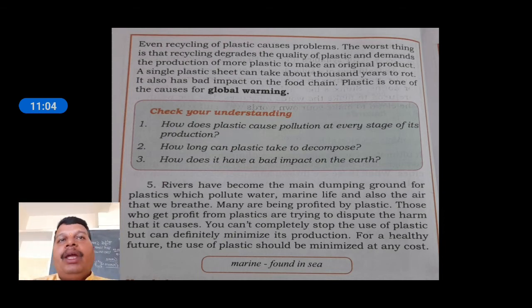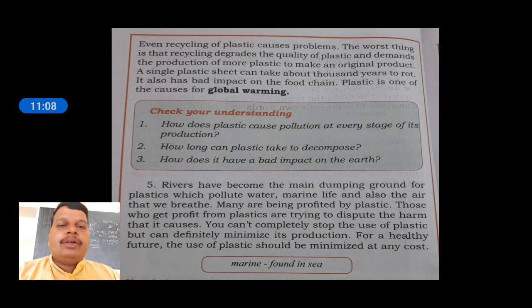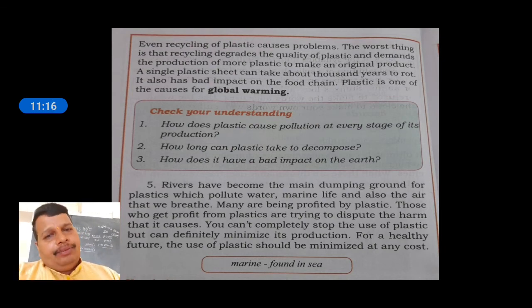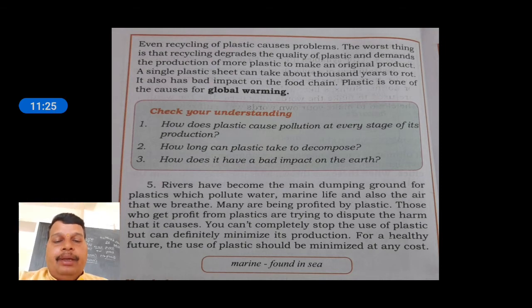Already I told you, avoid single use plastic such as drinking straws, small plastic cups and plastic plates. Instead of those, we can use banana leaf for functions, and other leaves we also use for food.